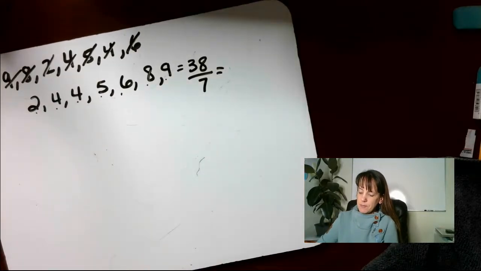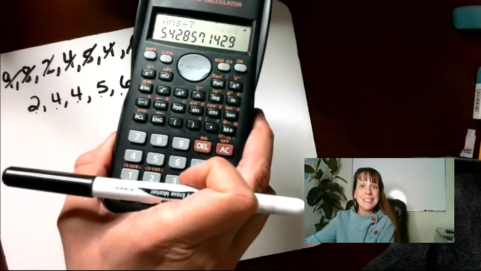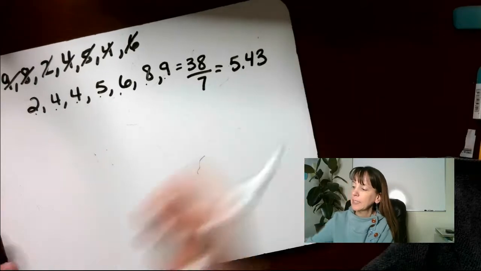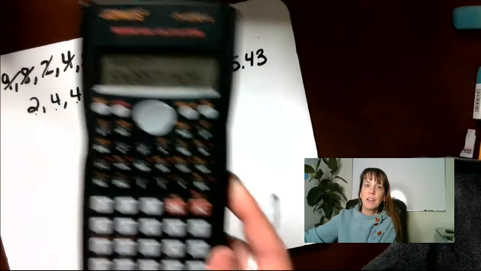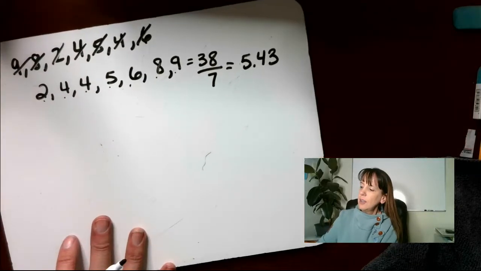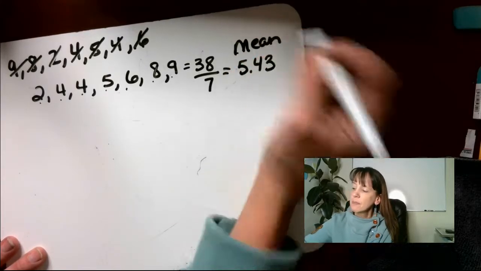On the calculator, it's 5.428. That means it's going to round up to 5.43. Do you see how that rounds up to 5.43? Okay. So that was the mean. I'll write that over here. Mean.